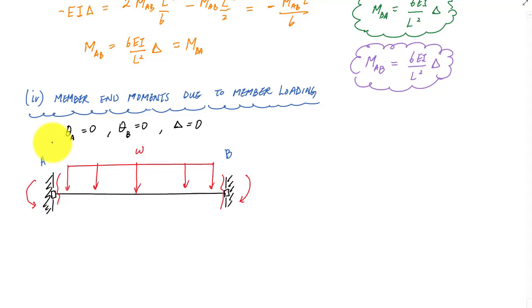What you'll find is that there are a bunch of tabulated values for fixed end moments. So if you just Google search fixed end moment tables, you'll find these everywhere. And if you have a textbook, they're probably on the inside cover of your textbook already. And you'll see, for instance, if it's a uniformly distributed load, they'll tell you that this right here is WL squared over 12, and this is WL squared over 12 in this case, just because the loading is symmetrical.